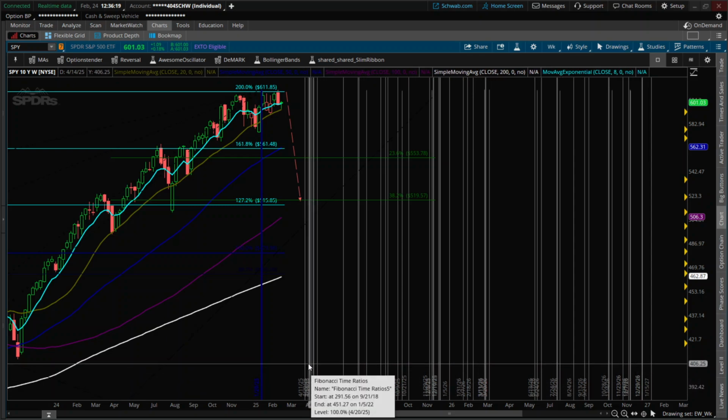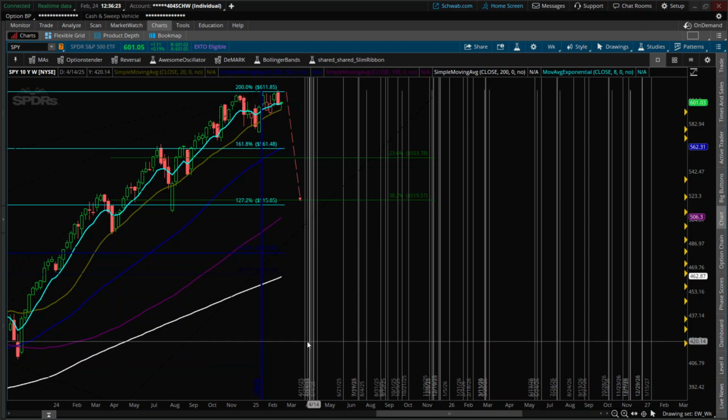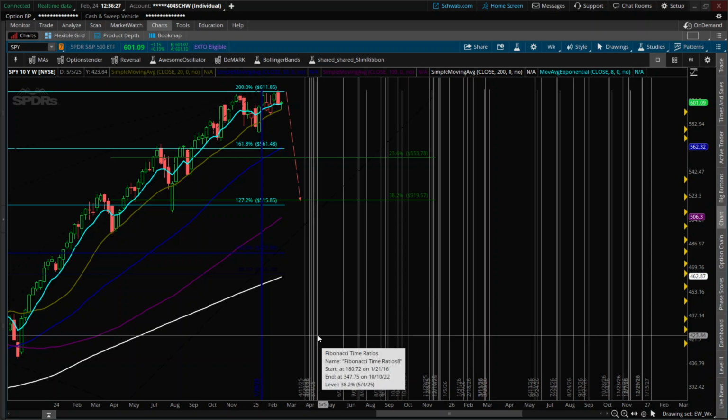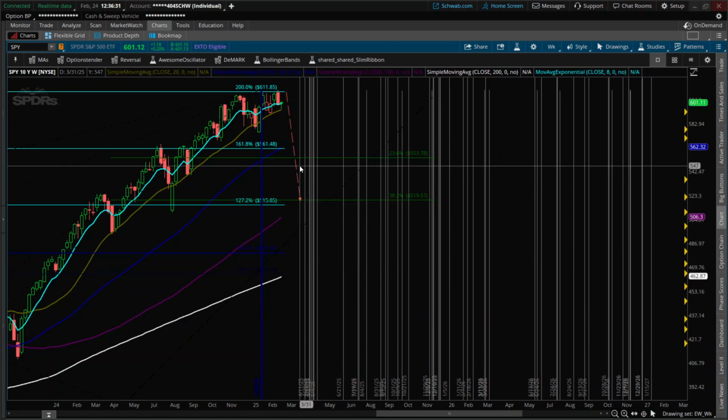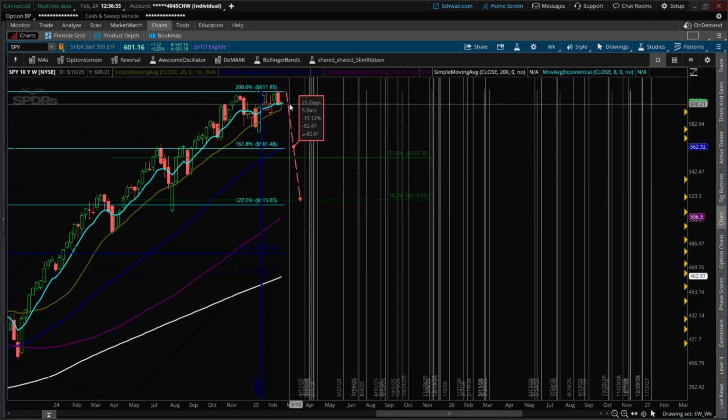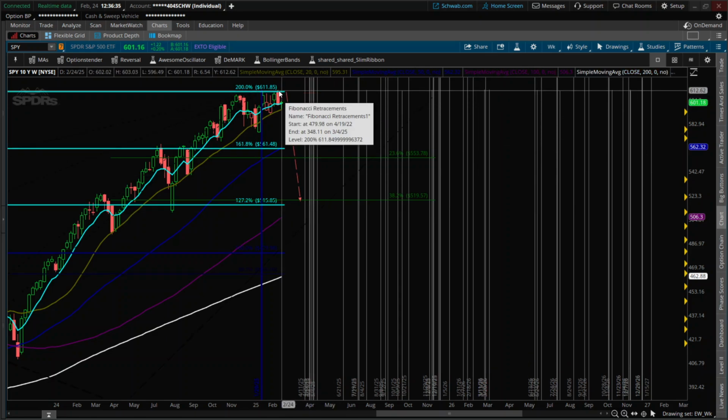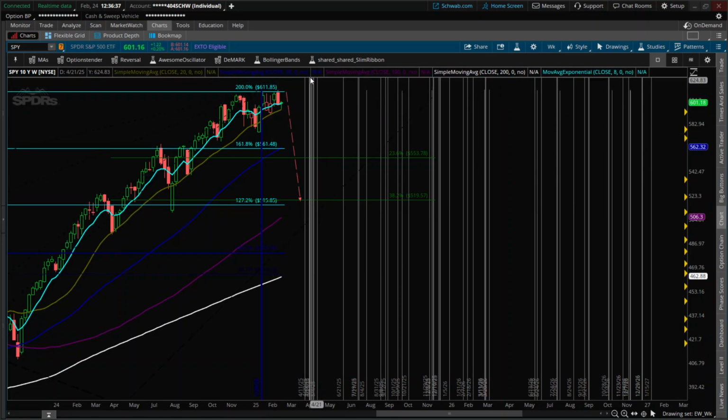Okay, so we're looking towards the end of April, the middle to end of April all the way to the very beginning of May for some sort of, in my opinion, bottom. But clearly, if we start breaking out from this 200% at the 611, then we'll be looking for a top at that point.